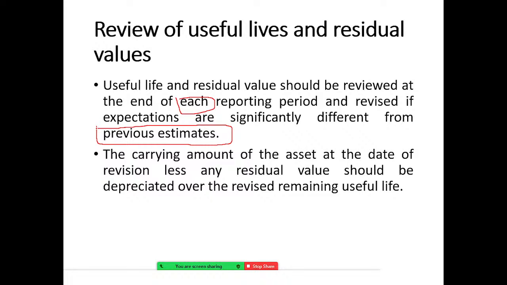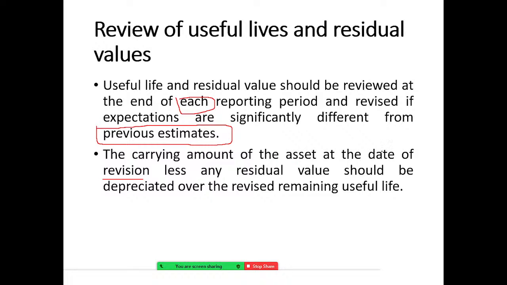The carrying amount of the asset at the date of revision, less any residual value, should be depreciated over the revised remaining useful life. So when they revise the useful life, they have to again start the depreciable amount. The carrying amount of the asset at the date of revision, that's important.